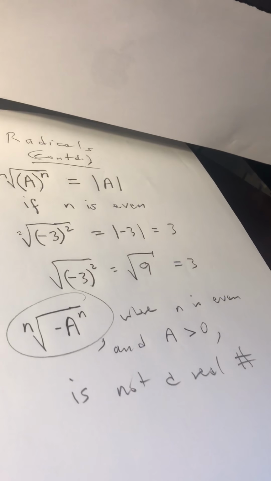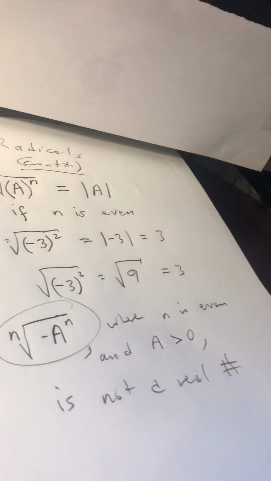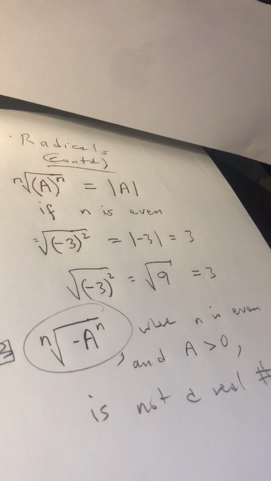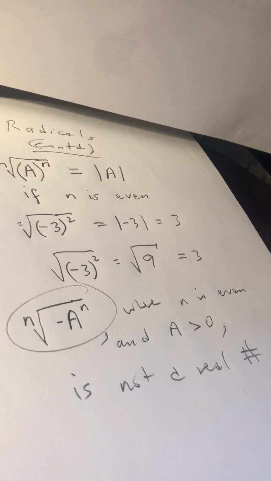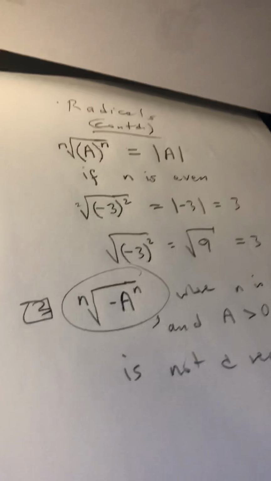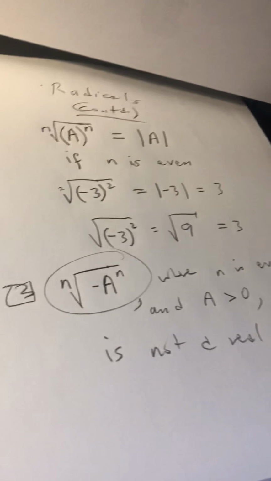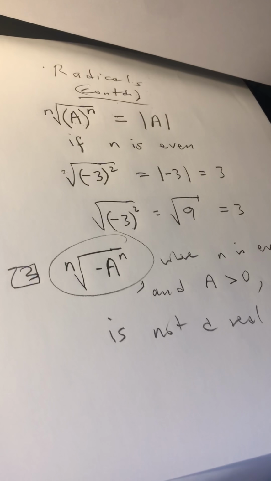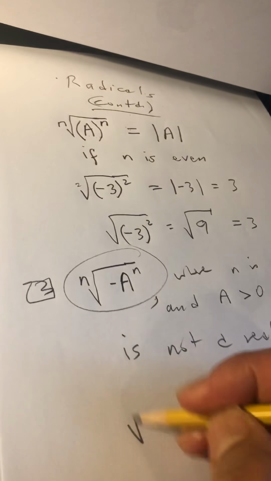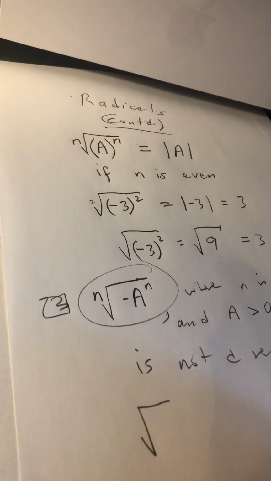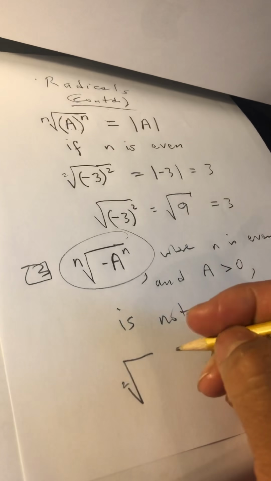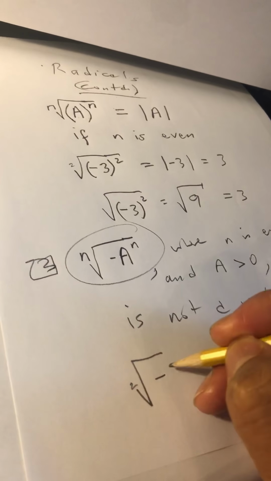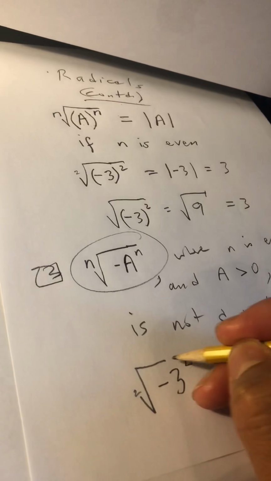So even roots, even exponents are a little bit different. We're going back to exponents and roots, and I just want to say a few things before we continue with the lesson. A good example would be the square root, again with an invisible 2 there, of negative 3 squared.